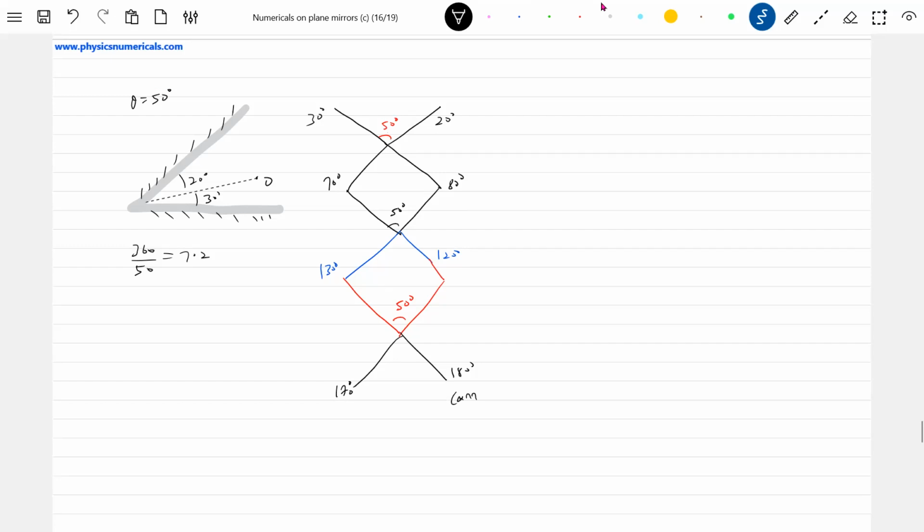It cannot be an image. If the angle is greater than or equal to 180, it cannot be an image. So the number of images is 1, 2, 3, 4, 5, 6, 7. So how many images will there be now? The number of images will be 7.